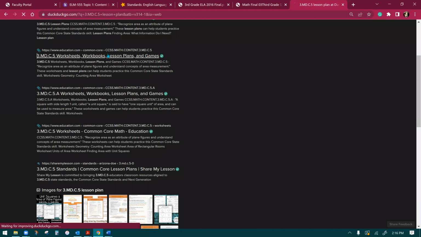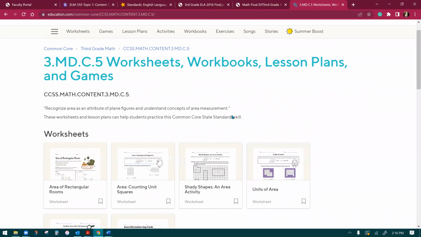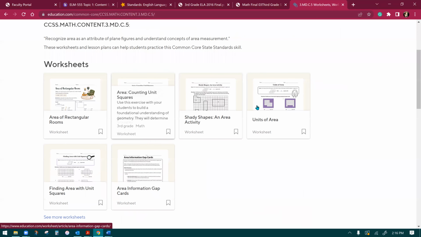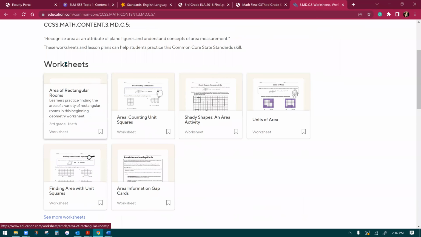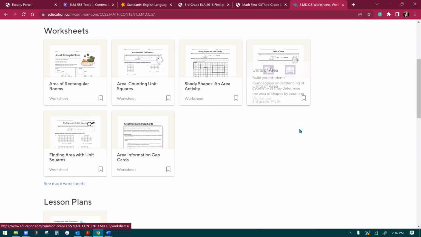I do not have any more licenses to this. A lot of students use it because it's the first thing that comes up, and I'm not going to pay for this. But make sure what you find is a lesson plan, because when I'm looking at this, look, these are all worksheets. I'm looking for a lesson plan.